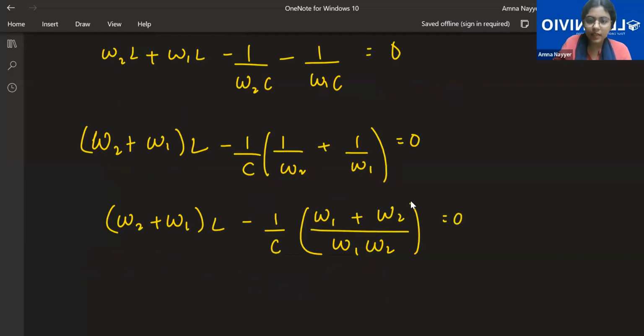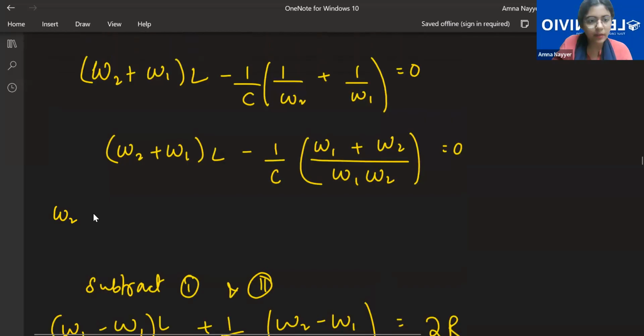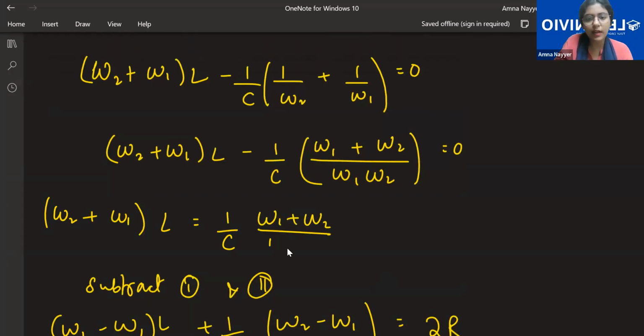Now, can I shift this negative sign to the opposite side? Yeah. So omega 2 plus omega 1 into L will be equal to 1 by C into omega 1 plus omega 2 by omega 1 into omega 2. Now can you see any two things getting cancelled?